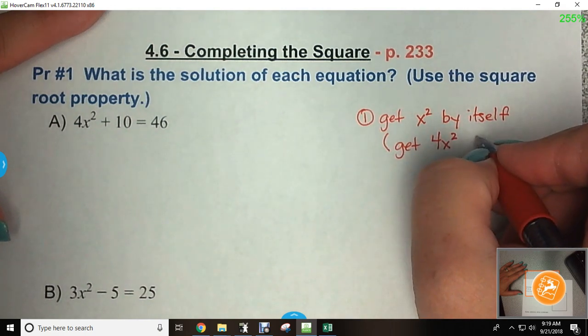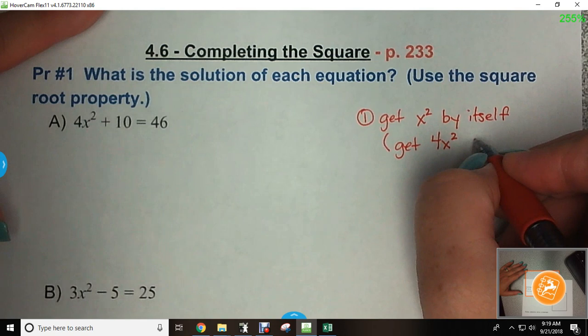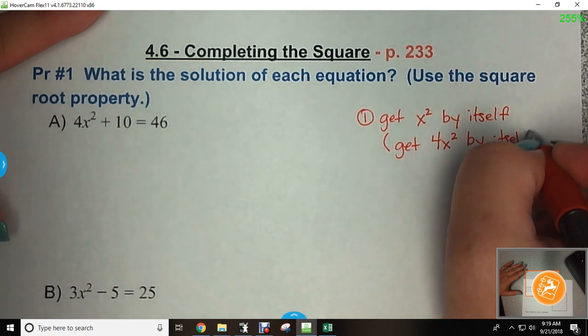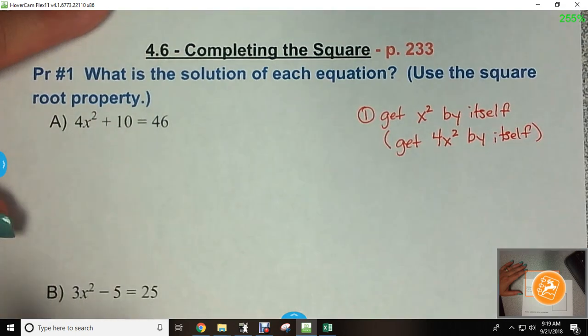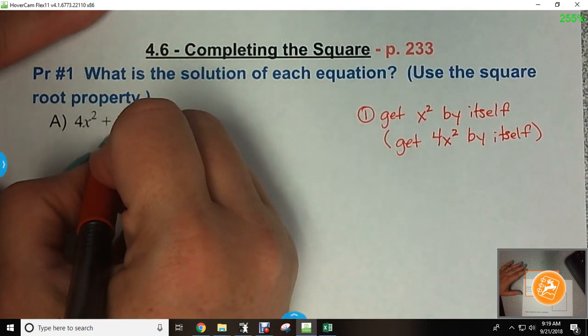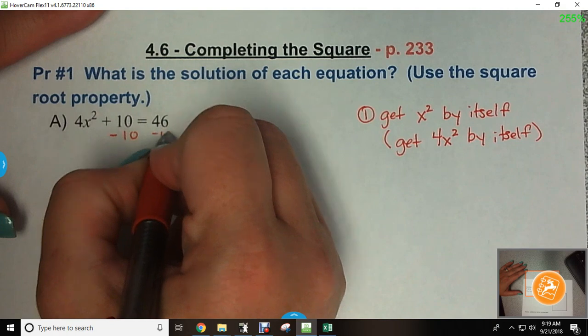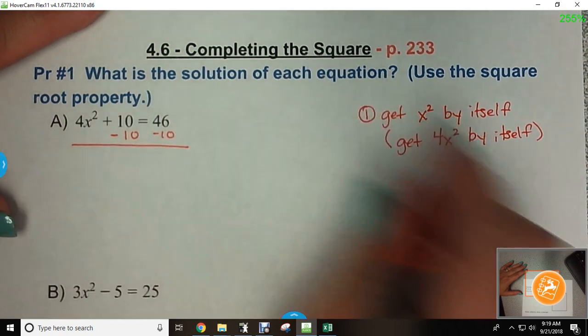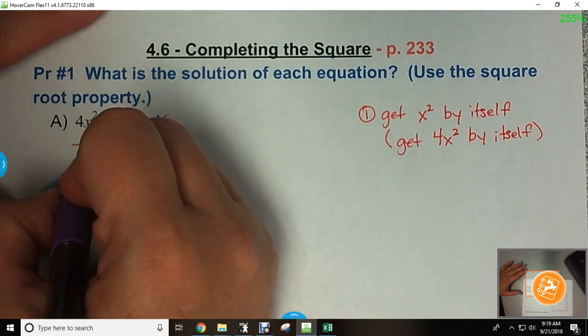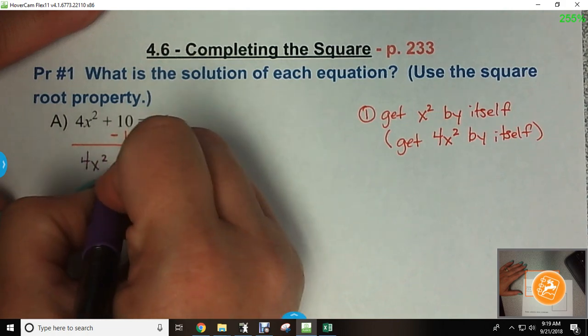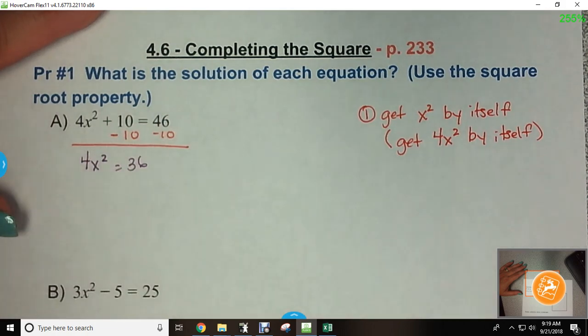So we could just get 4x squared by itself. To do that for this problem, I'm going to subtract 10 from both sides, and that will give me 4x squared equals 36.